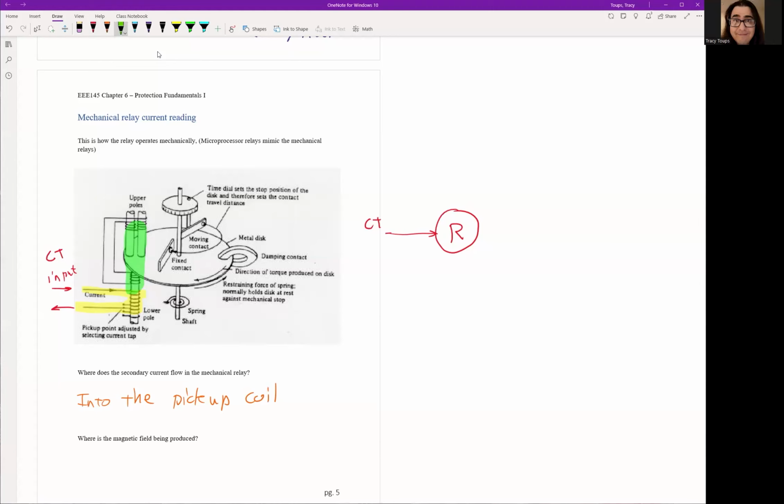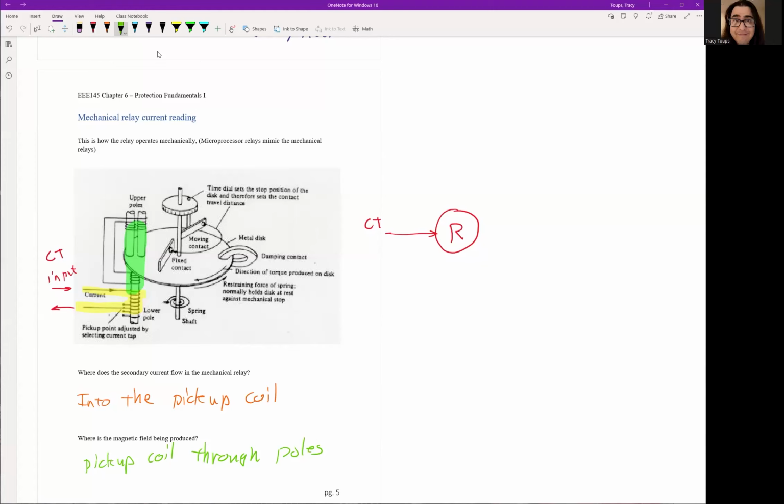Current will now flow through these windings, which will create an electromagnetic field, right? Where is the electromagnetic field being produced? In the pickup coil, through the poles, and the poles are the big solid pieces of metal. As you can see, the piece of metal is cut in the middle, and the disc slides into it.